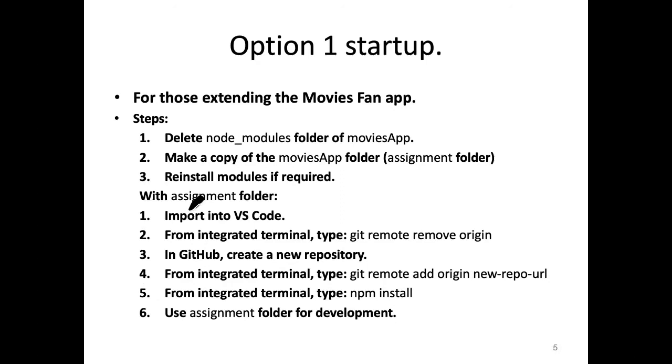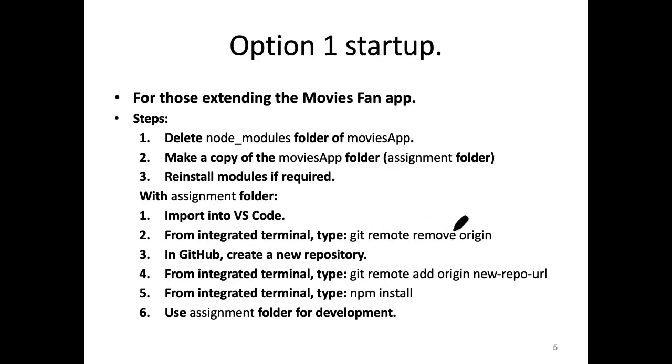So anyway, you have your assignment folder, just import it into VS Code. And then open up an integrated terminal and type this command. What this command is doing is breaking the link between the local Git repository in your assignment folder and the GitHub repository that you were pushing to when you were working in your Movies app folder.